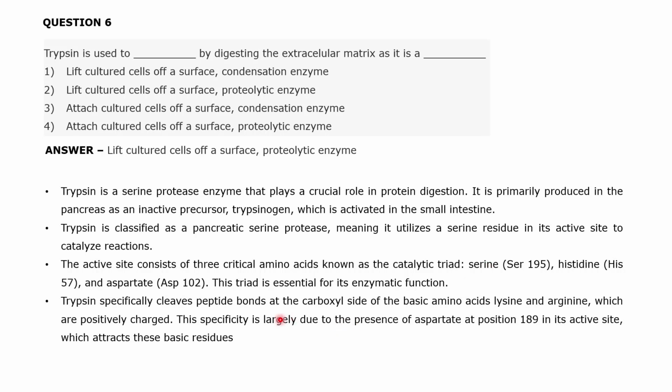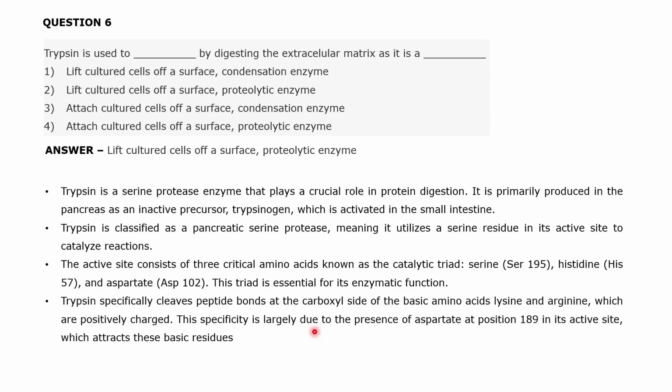So it cleaves the peptide bonds at the carboxyl side of basic amino acids like lysine and arginine, which are positively charged, and because of this the protein gets degraded from larger protein fragments into smaller peptides. That's why it's called a serine protease, and it acts as a proteolytic enzyme.